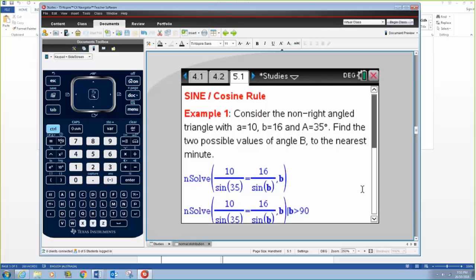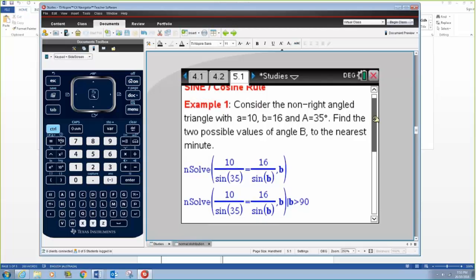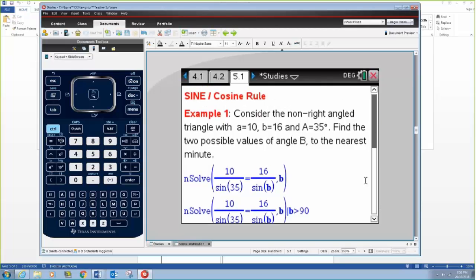The other very useful numerical solve is for any sine and cosine rule, and again, as we know with study students, it is not the easiest for them to rearrange equations. So a typical question, two sides and an angle, and if we use numerical solve, just entering the equation, it does solve it.